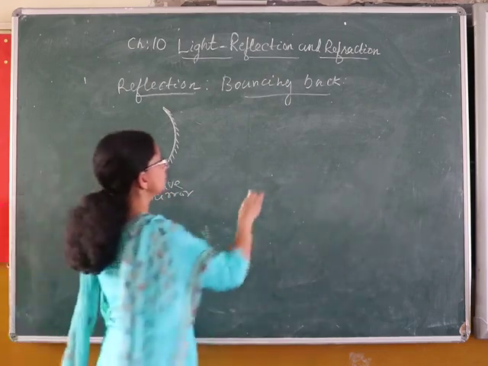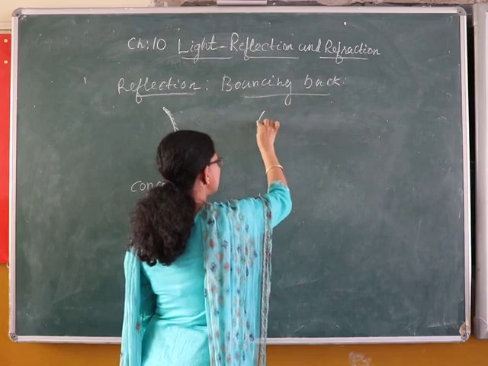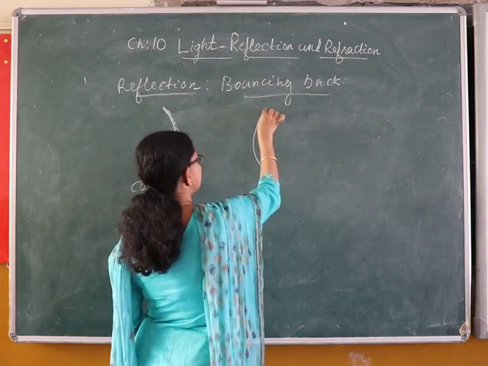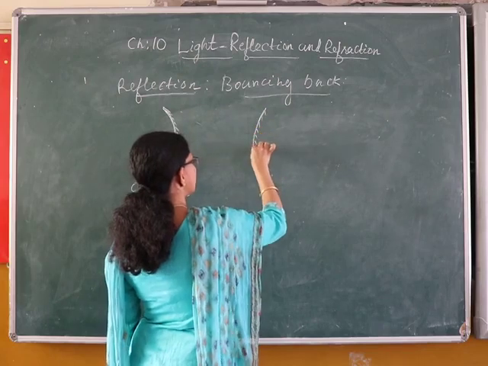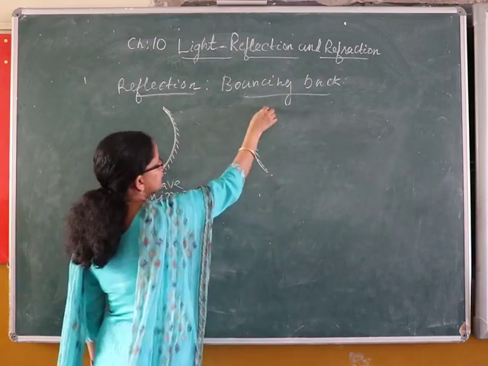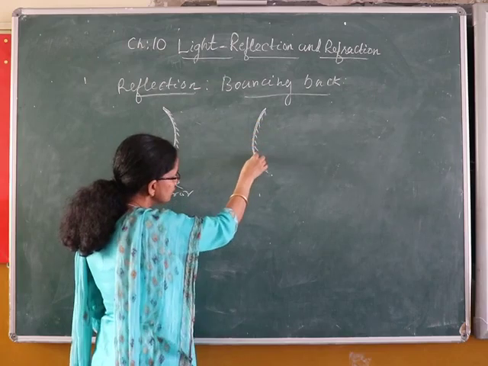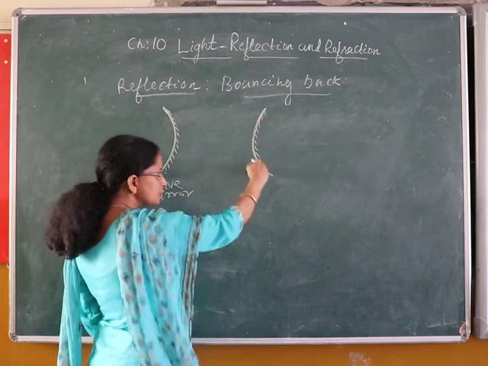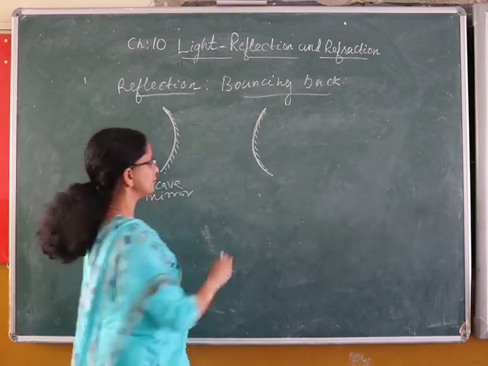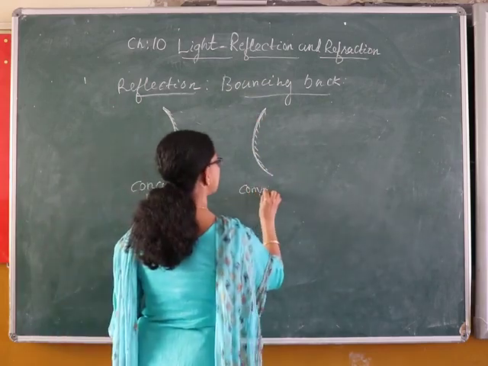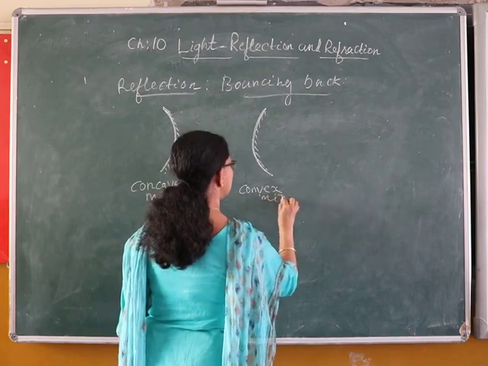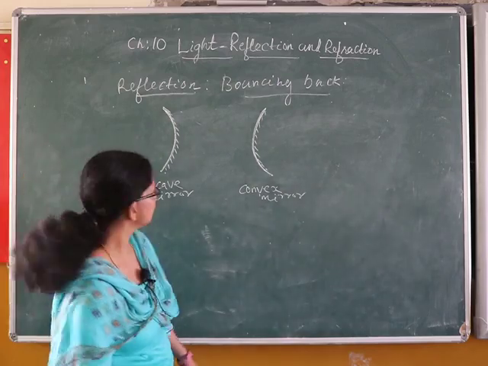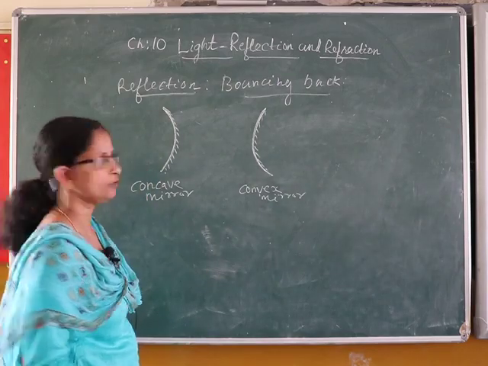Whereas if the reflecting surface is bulged outward like this, the reflection takes place from this outward curved surface. The outer surface acts as the reflecting surface, and then it is known as a convex mirror. So spherical mirrors are of two types, concave mirror and convex mirror.